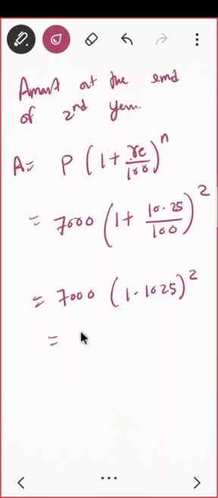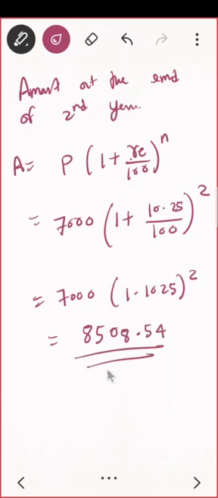Yes, what are you getting as the final answer? 8,540.54.